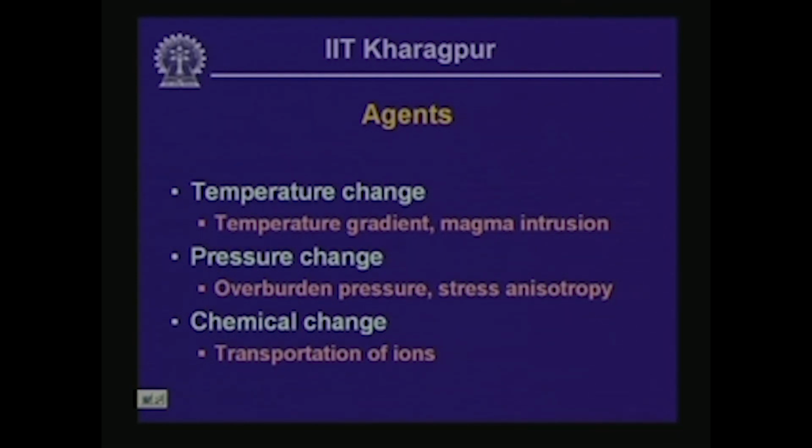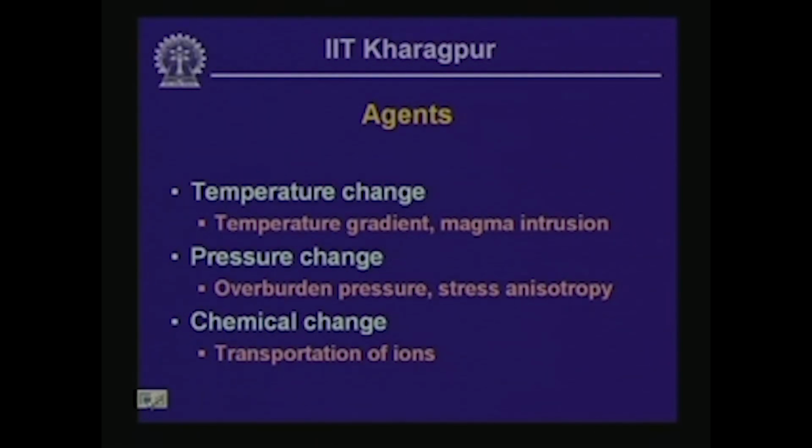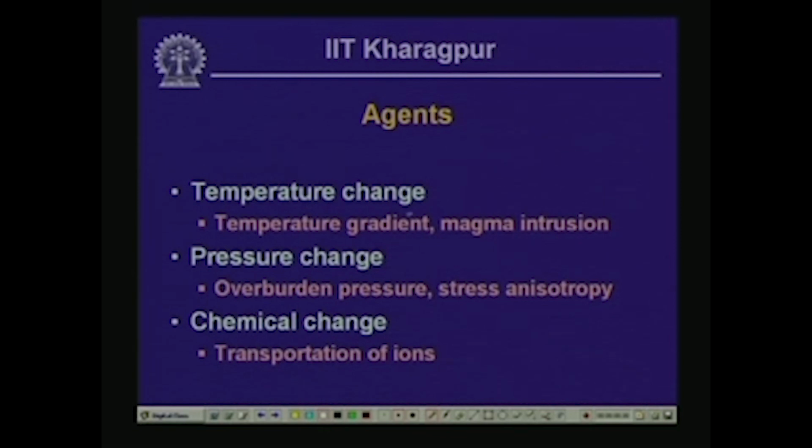So, what are the agents that trigger metamorphism? The first one is temperature change, and what is important here is the temperature gradient, because you can imagine that as you go down deeper from the surface of the earth, the temperature increases at a rate of approximately 35 degrees Celsius per kilometer depth.